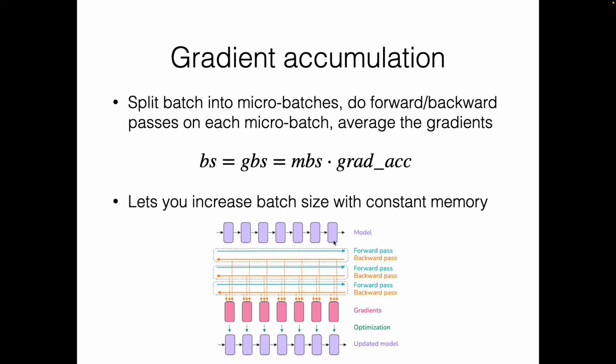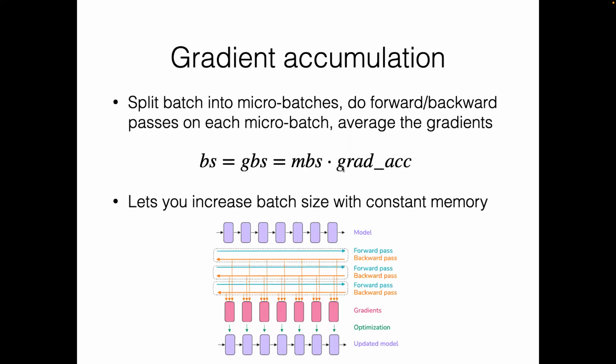Yeah, so what happens is here, let's say our batch size is, well, let's use a smaller number, 2048. And we break it into these mini batches of 512. Then we'll have gradient accumulation of 4, right?